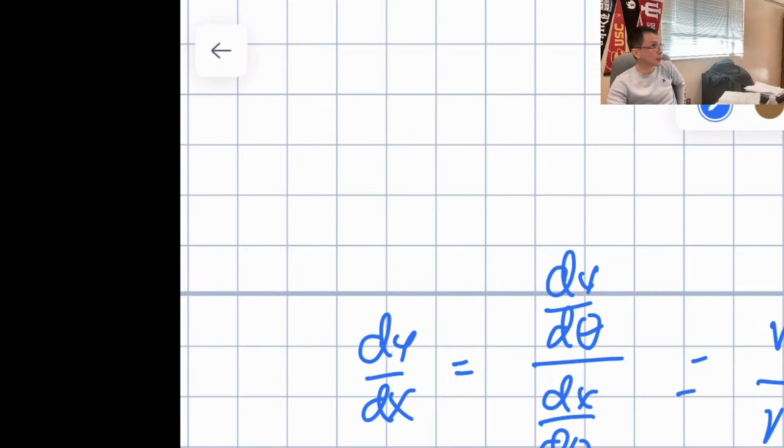How do you find horizontal tangent? Well, you just need to set dy d theta equal to 0. Yeah, so you put in each side, or y of each side.